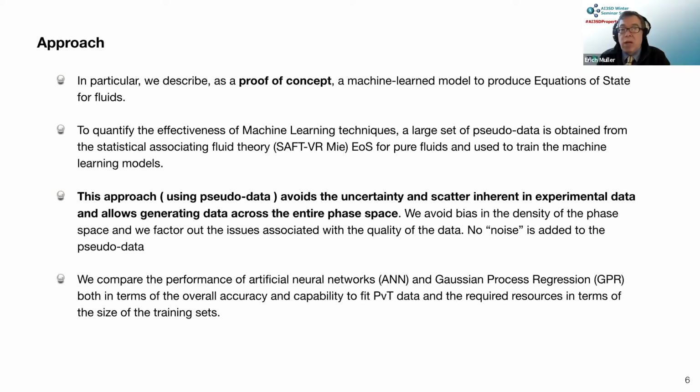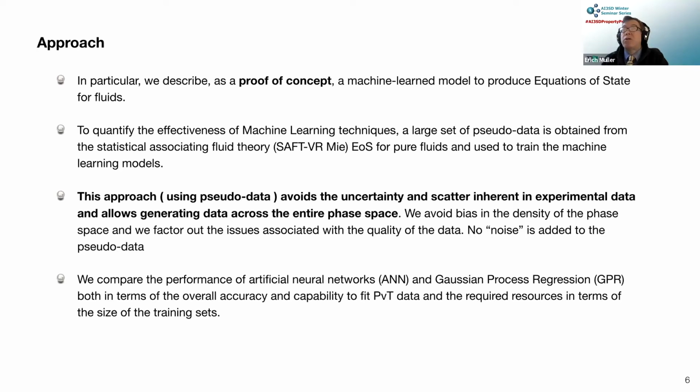So when I'm saying that, I'm saying that we might have 100 data points instead of 10,000 or 50,000 data points, which would be a nice starting point. So we decided to change the approach, and instead of actually using experimental data directly, we thought about generating pseudodata.